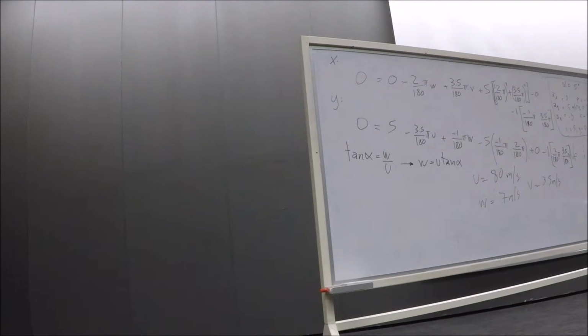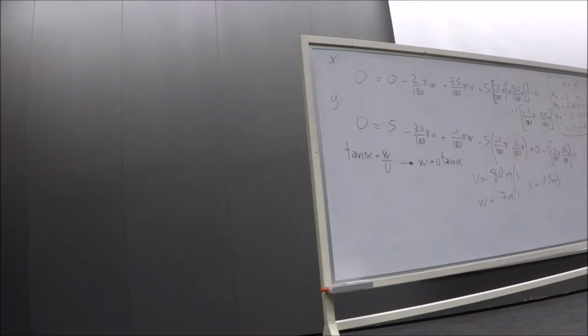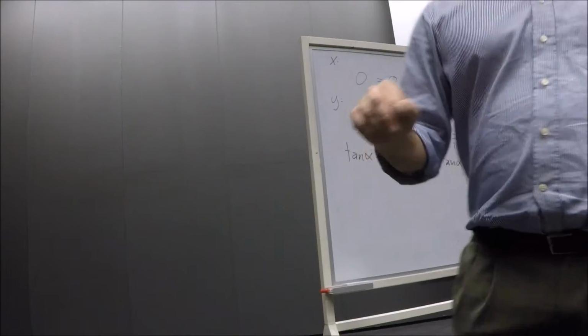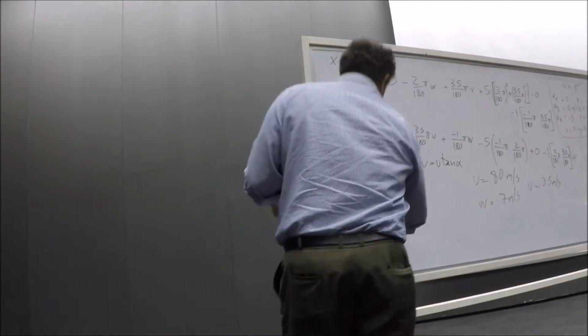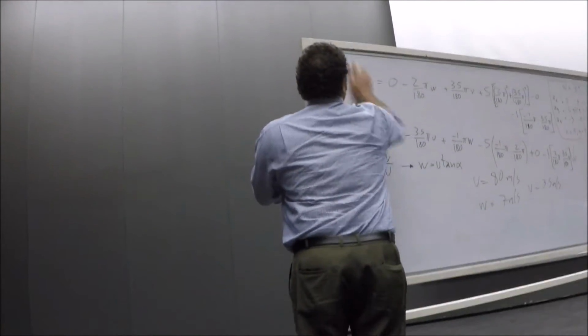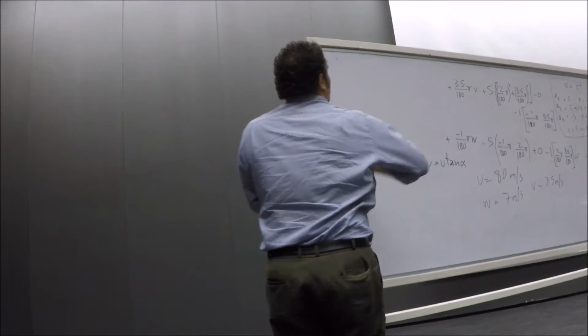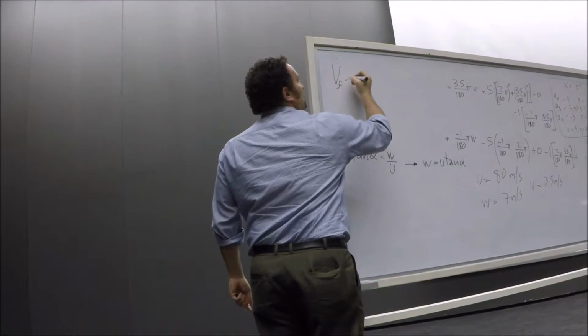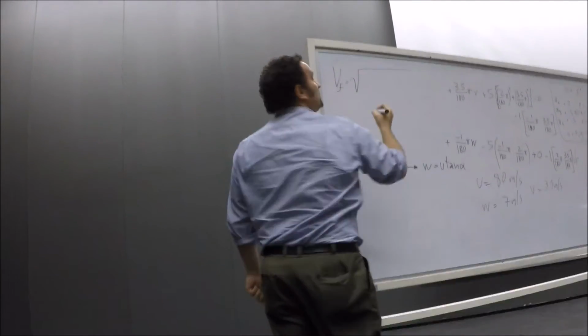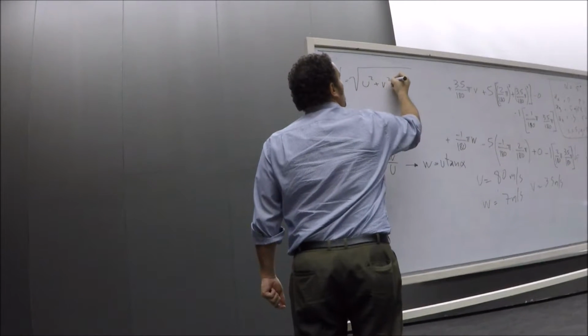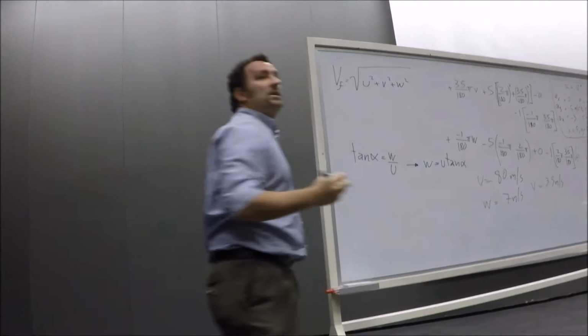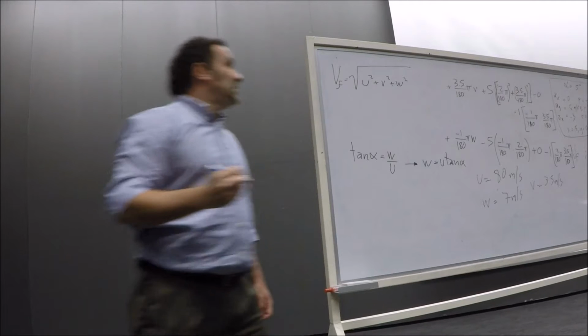Okay, so now I have the three components of the velocity. So now I can answer the question. I can find Vf, which is given by the square root of U squared plus V squared plus W squared. Okay?